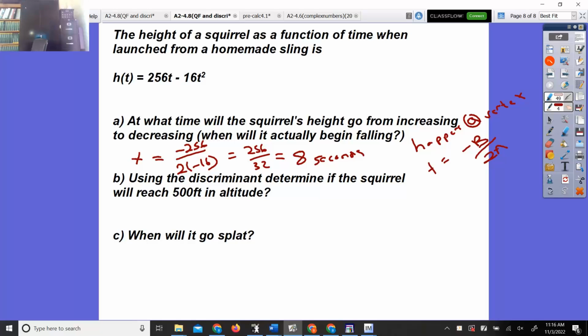All right? Using the discriminant, determine if the squirrel will reach 500 foot in altitude. 500 foot, is that going to be height, h of t, or is that going to be t? Height. So you add 500.